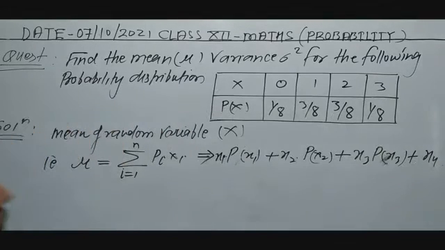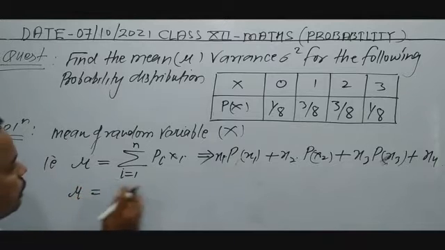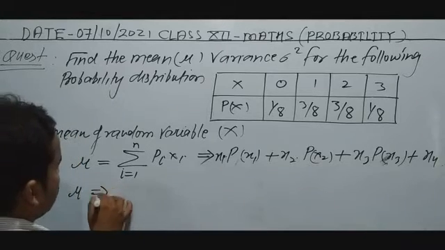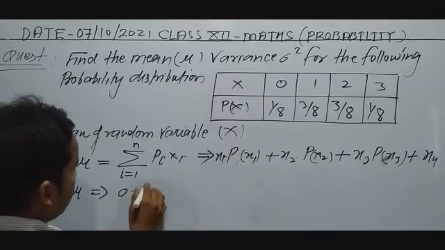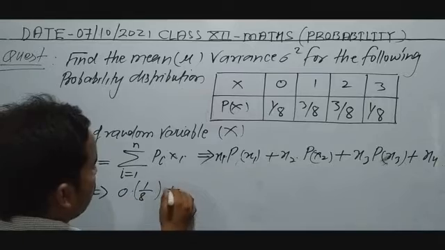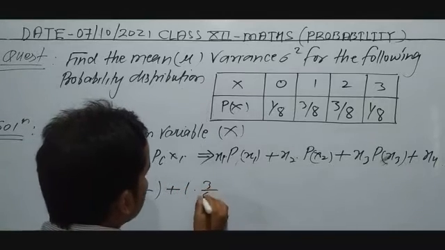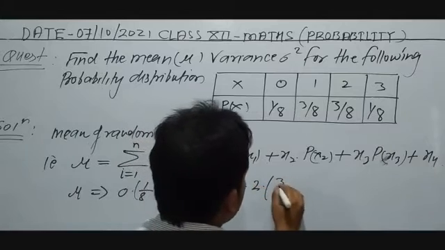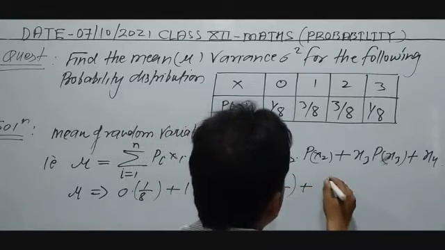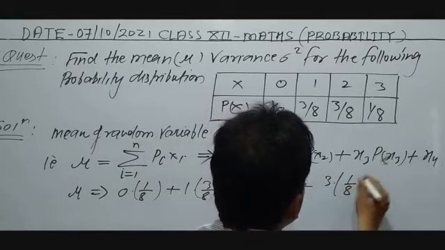Now we have to put in the values. So mu is equal to pi xi, meaning p1 x1: 0 into 1 by 8 plus 1 into 3 by 8 plus 2 into 3 by 8 plus 3 into 1 by 8.